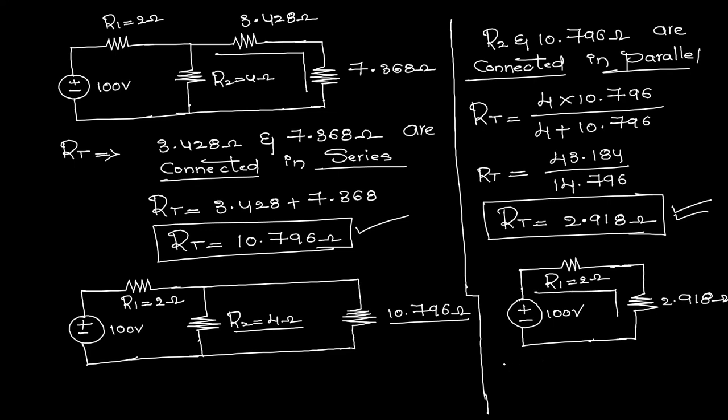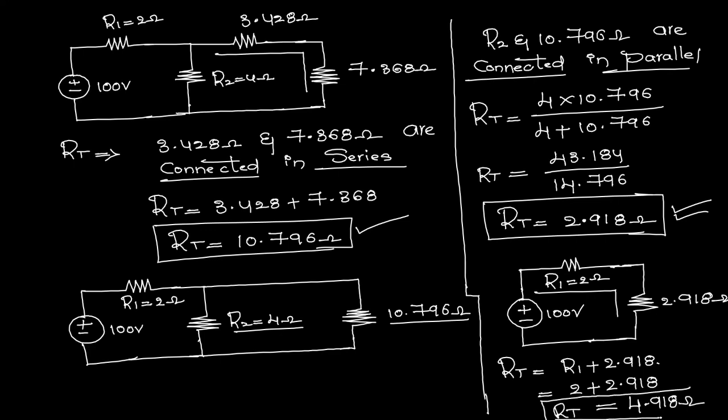Now the total resistance in the given problem RT is equal to R1 plus 2.918 ohms. Here R1 is 2 plus this value 2.918 ohms. Now finally you are getting 4.918 ohms, the total resistance in the given network.